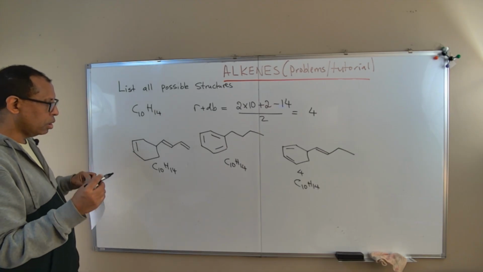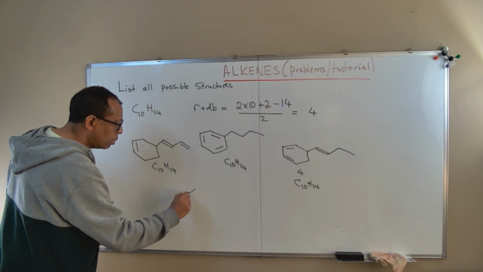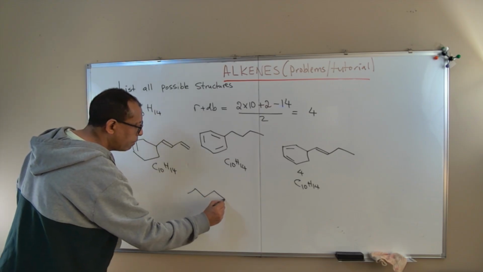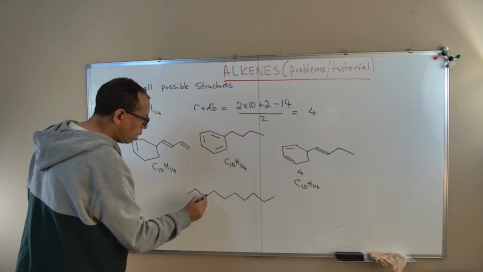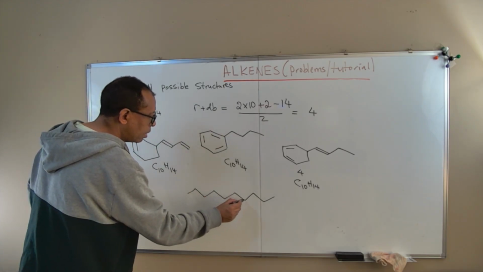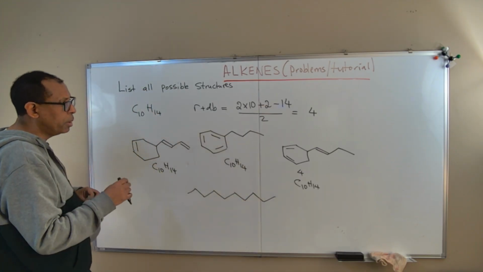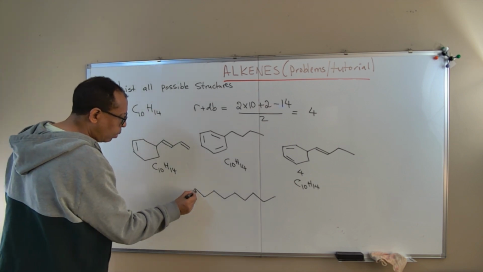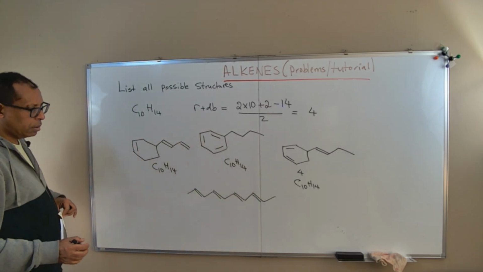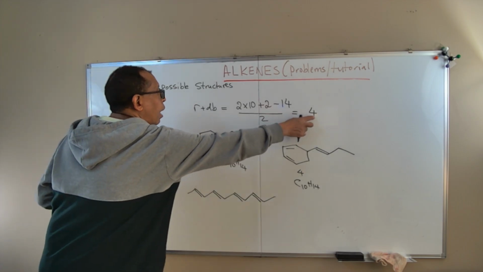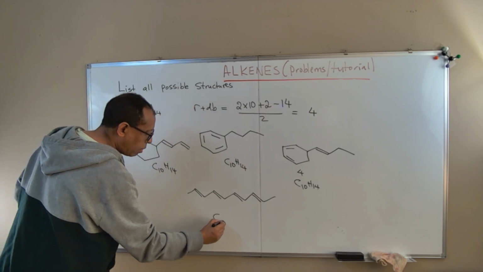For example, let me just try this. If I have 10 carbons, 1, 2, 3, 4, 5, 6, 7, 8, 9, 10, can I accommodate 4 degrees of unsaturation? 1 here, 2 here, 3 here, 4 here. So if I have a 4-unsaturated system with double bonds, this is the formula C10H14.